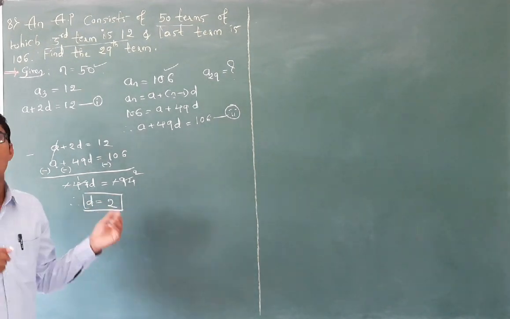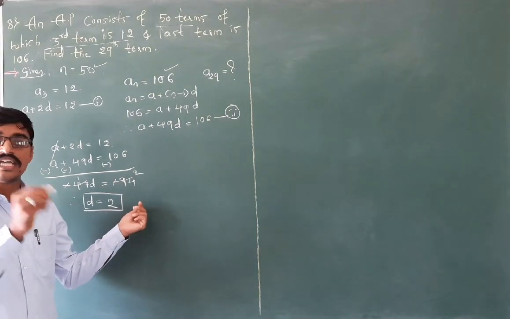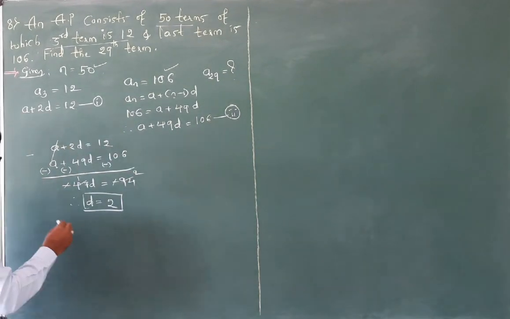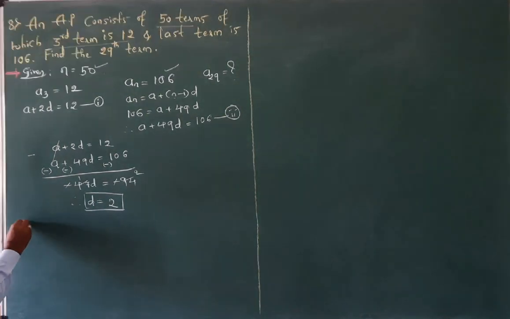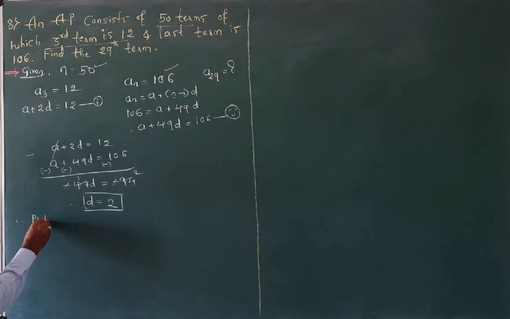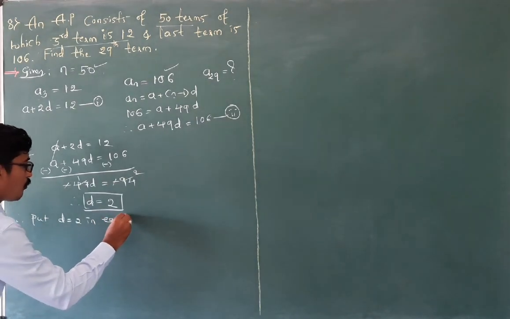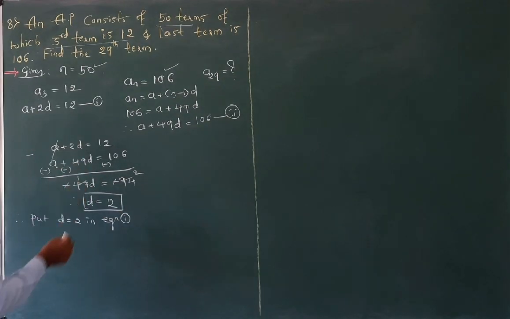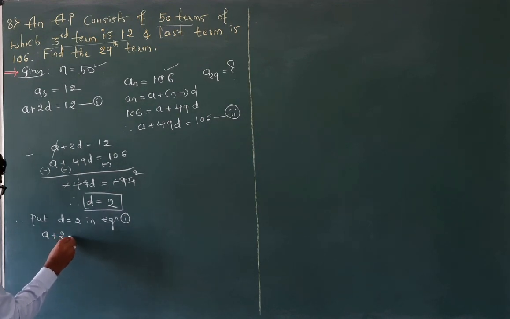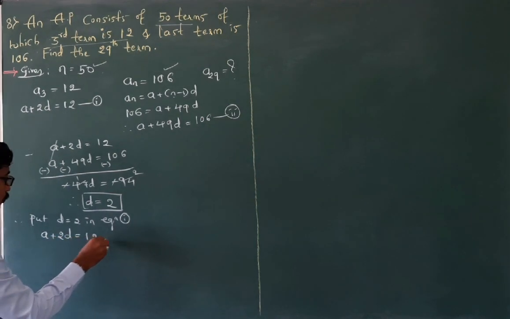Now the d value is obtained. Substitute the d value in equation number 1, you will get the value of a. Therefore, put d is equal to 2 in equation number 1. Equation 1 is a plus 2d is equal to 12.